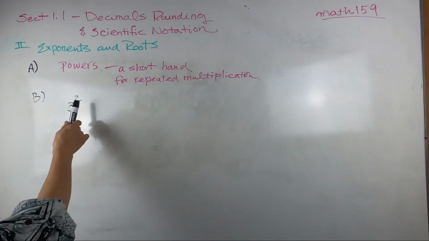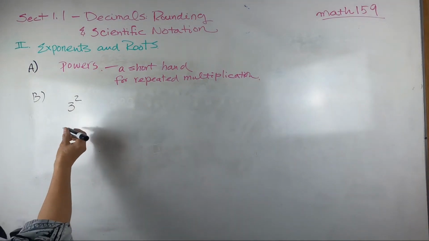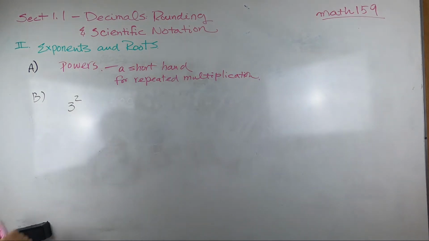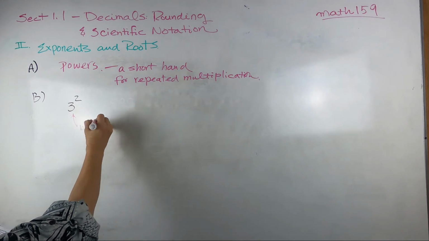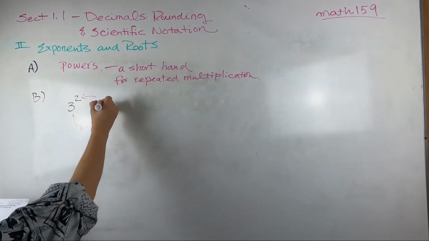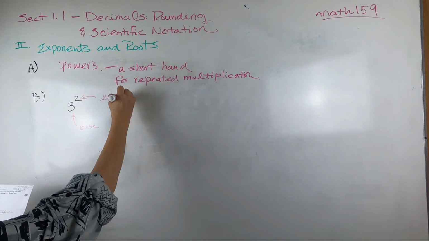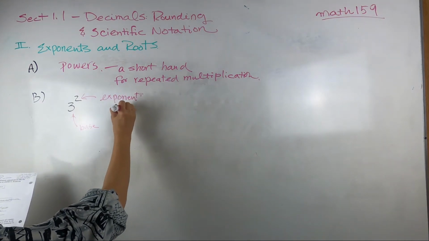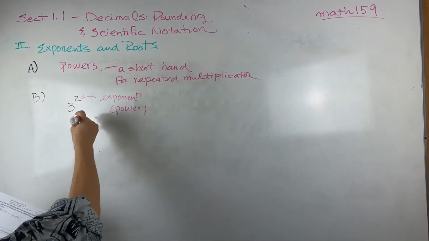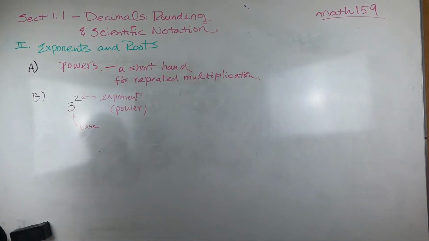So 3, on the bottom, is your base, right? The top one is your exponent. Sometimes we call it power. So what does that really mean?